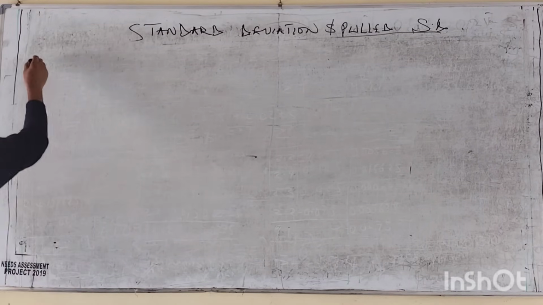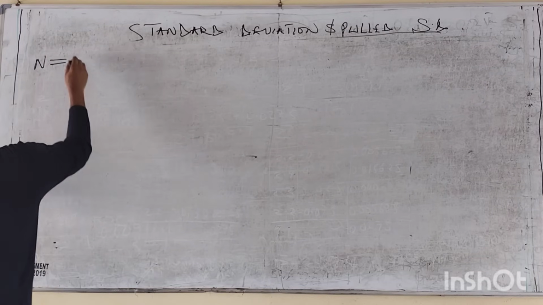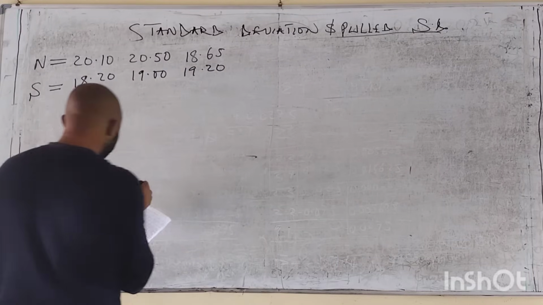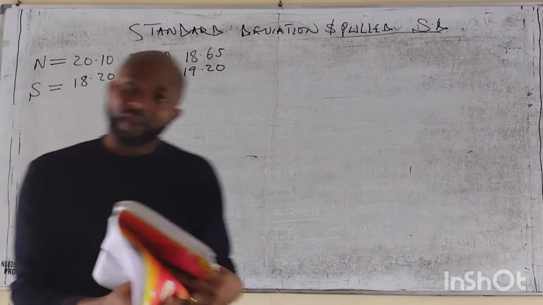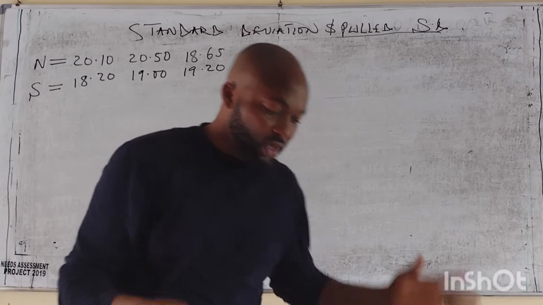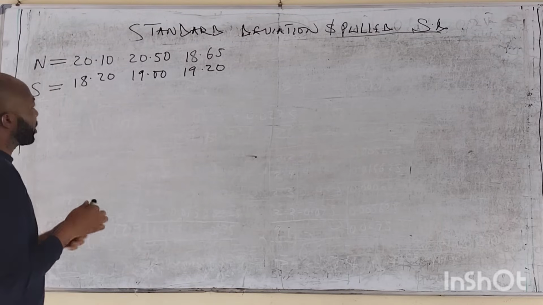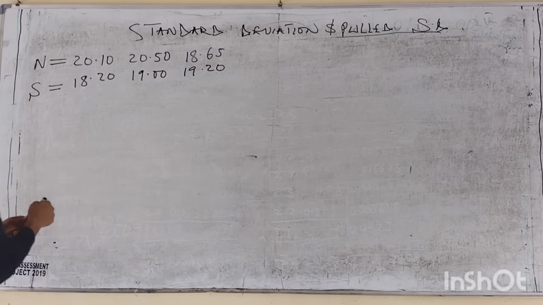So we want to get the pooled standard deviation of the two, the new method and the standard method. I will bring in the formula, but let's proceed first.